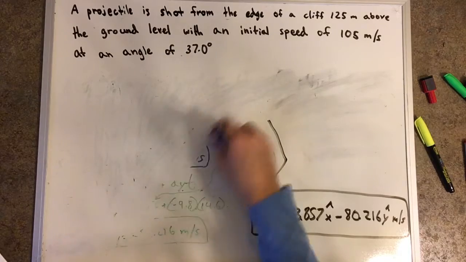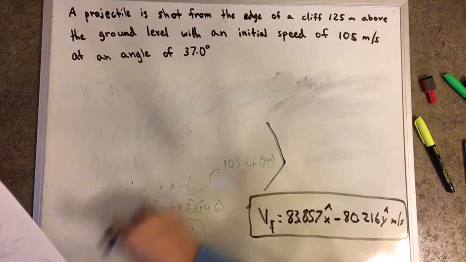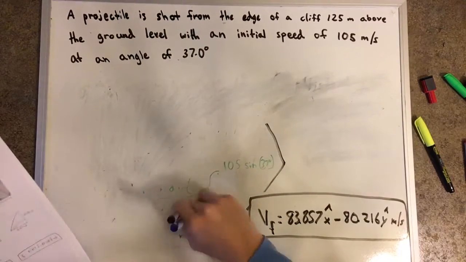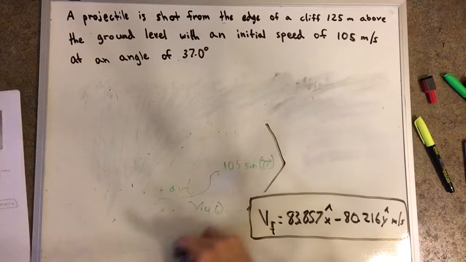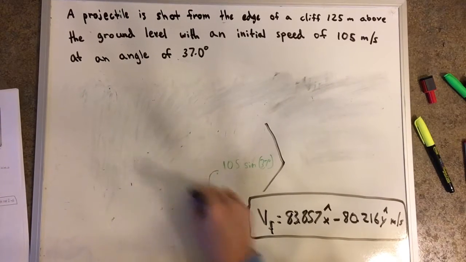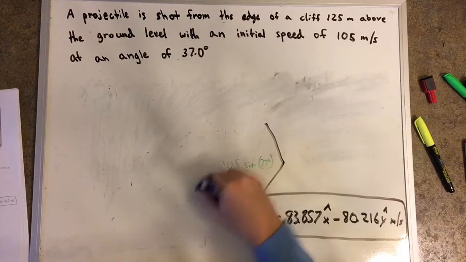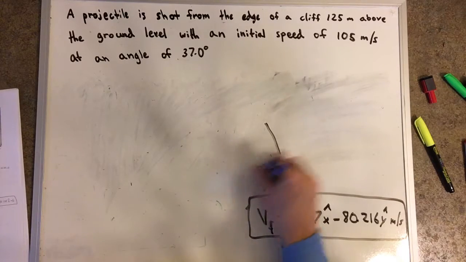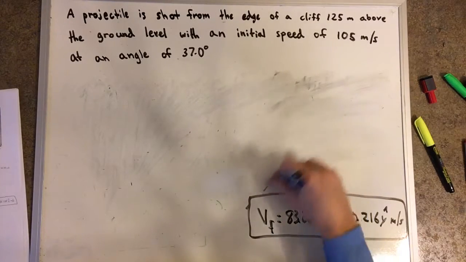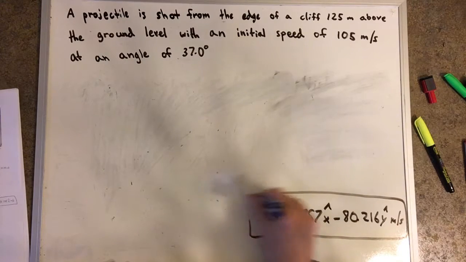Next, moving on, letter D, which is the magnitude of its velocity. To get that, you take the answers from part C, and you square each answer and find the square root.